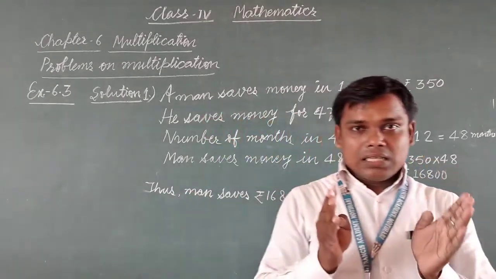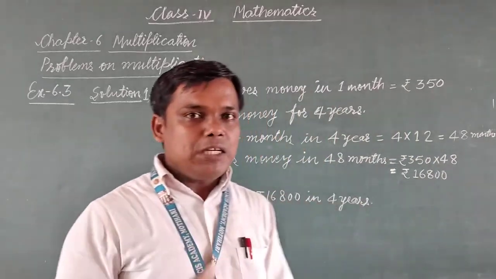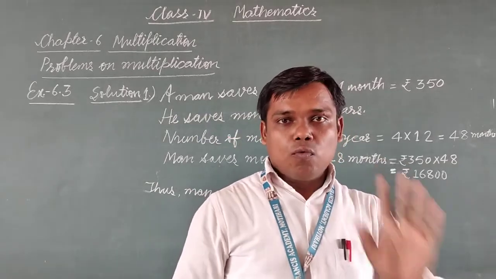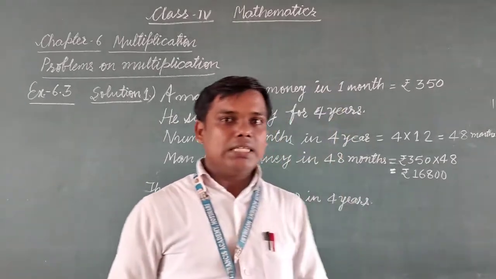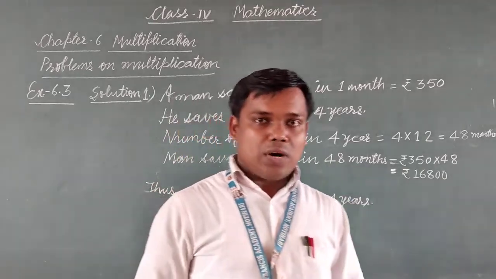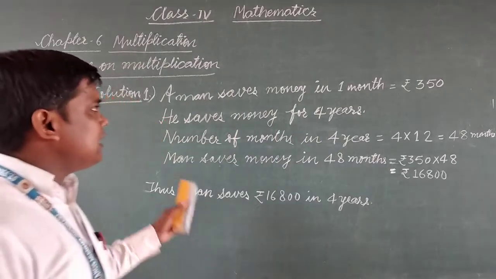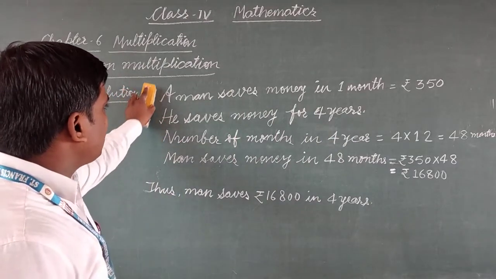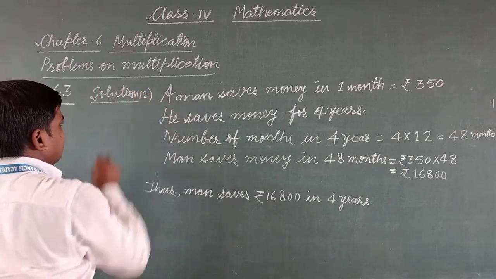Means a toy cost is given to us and 15 packets of toys given, and in each packet 4 toys are there. So we have to calculate total cost of toys. So let us see the solution. I am going to erase this solution. Now I am going to solve solution of question number 12.